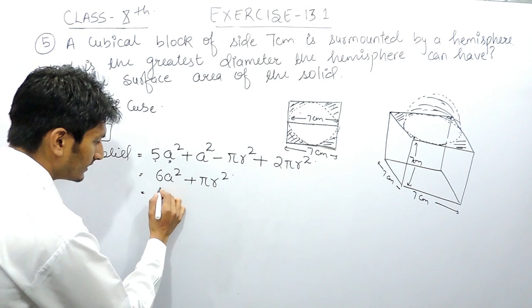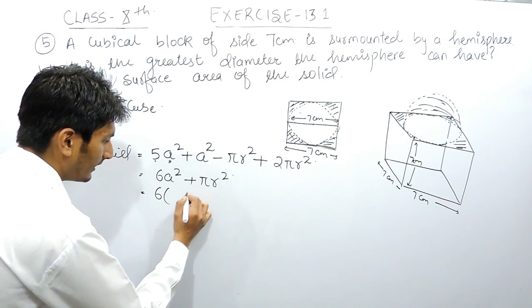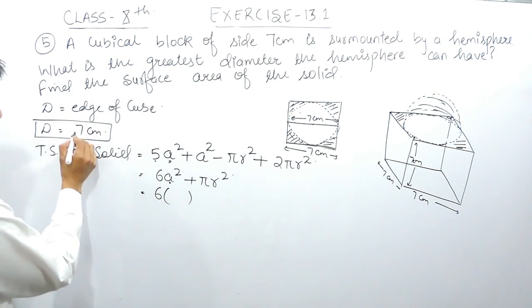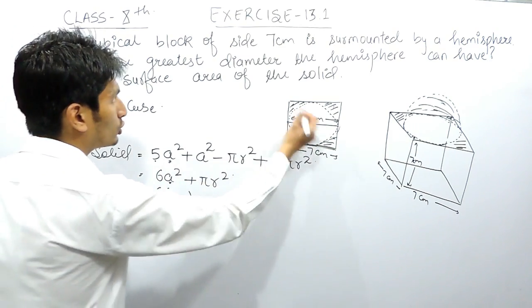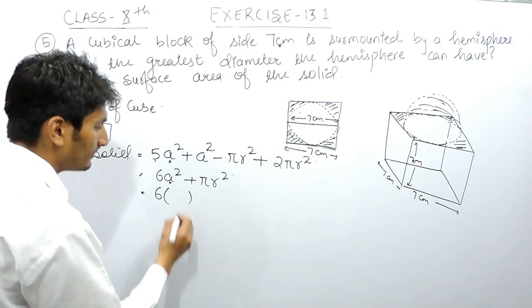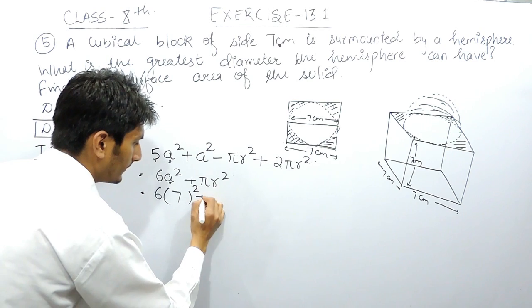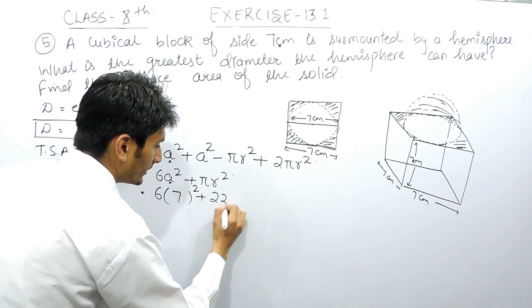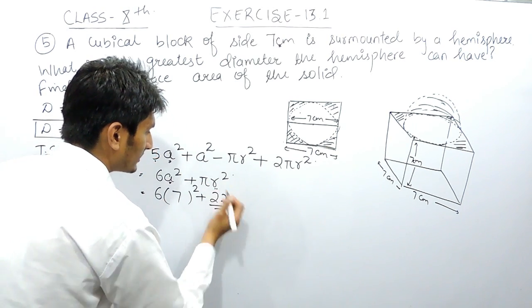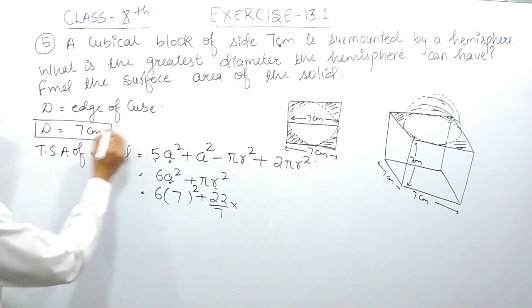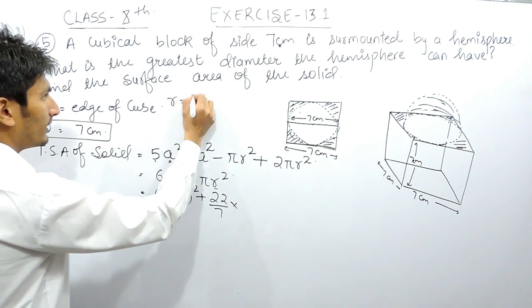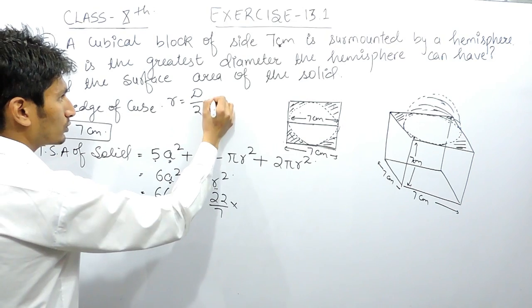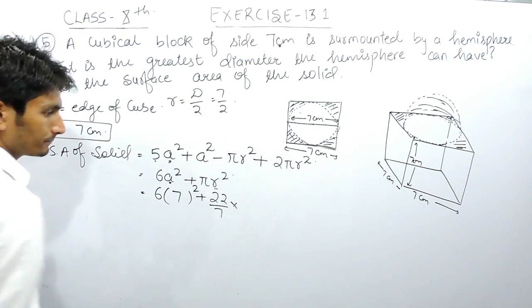Now further solving this, 6 multiplied by a, which is the edge of this cube, given to you as 7 centimeter. So this will be 6 into 7 square, plus the value of pi will be 22 upon 7, and the radius will be half of the diameter, and the diameter is 7, so the radius will be 7 by 2.